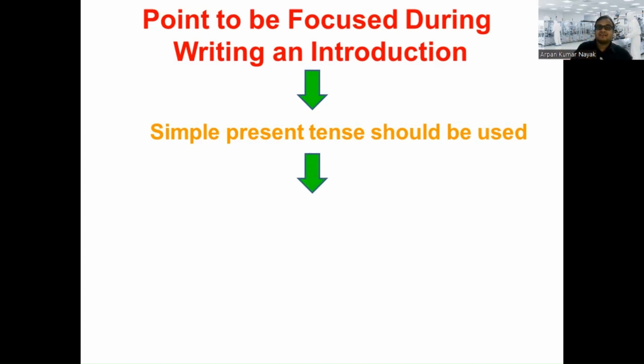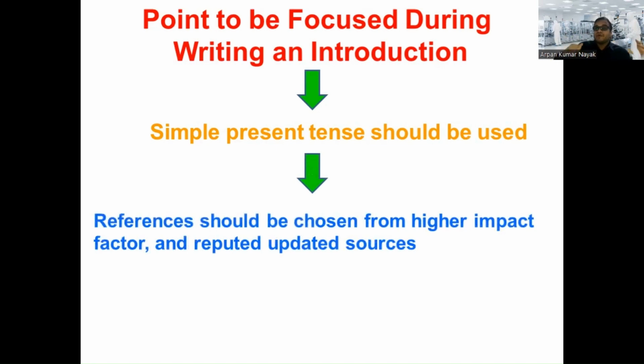And next, as I told, when we put references in this introduction section, we will try to keep them updated, and they should be from very reputed sources, reputed high impact journals, or reputed books. You have to take those.